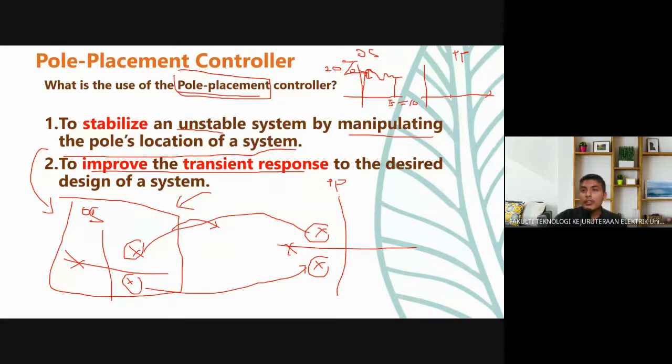You can do it by using pole placement. You just apply the pole placement, and then you can see that the settling time is 5 seconds, and the percentage overshoot goes from 20% to 10%. So this is the use of the pole placement controller.